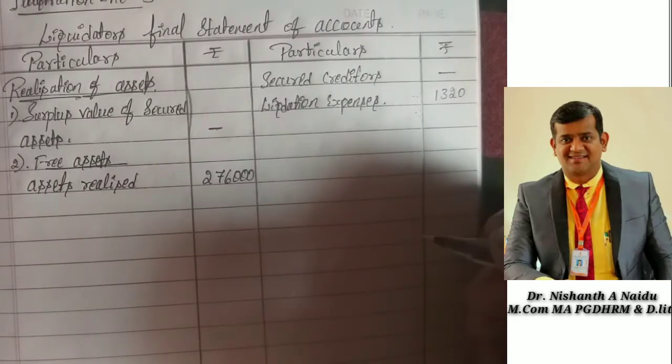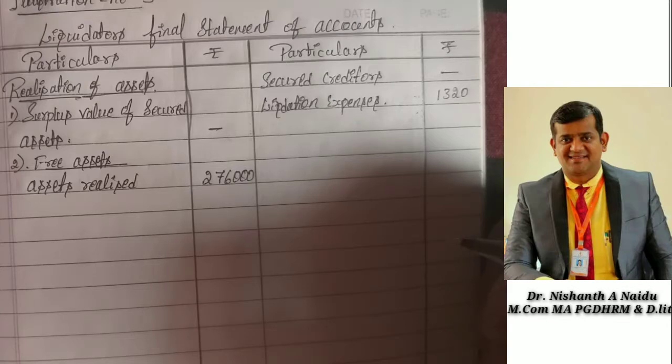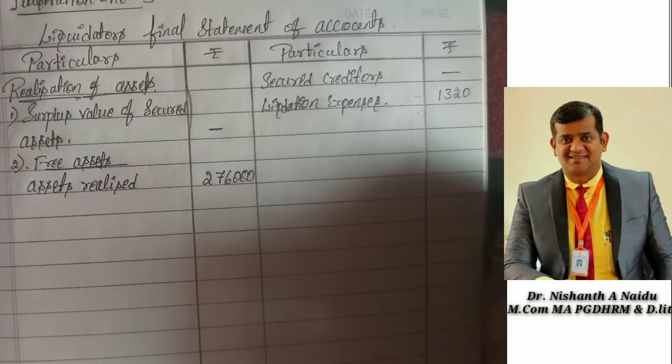The liquidator's remuneration was fixed at 3% on assets realized and 2% on the amount paid to the equity shareholders. Preference dividend was paid up to 31st December 2018. Preference shares carry preferential rights with regard to payment of capital and dividend.